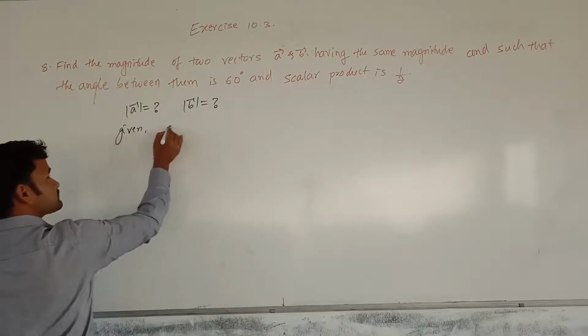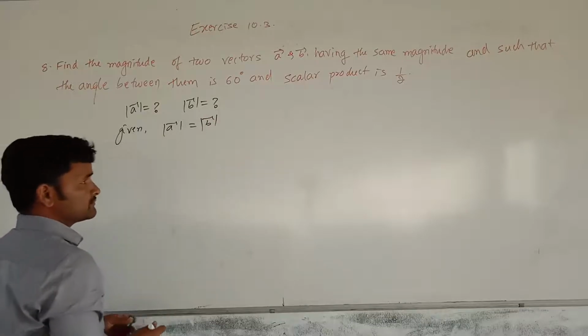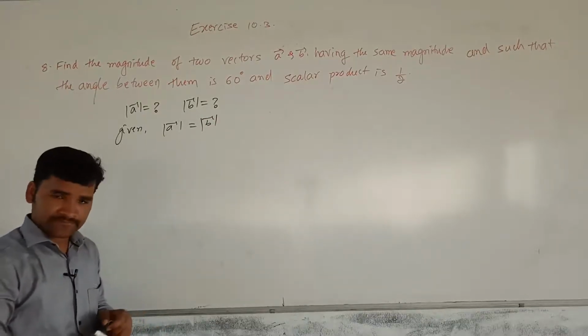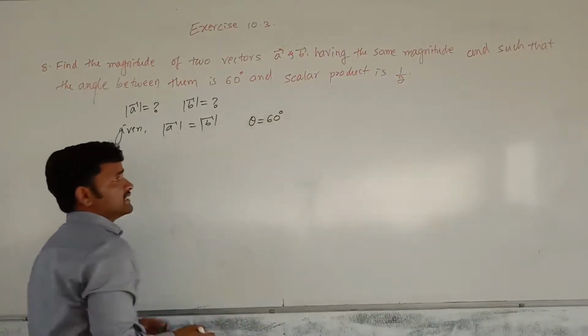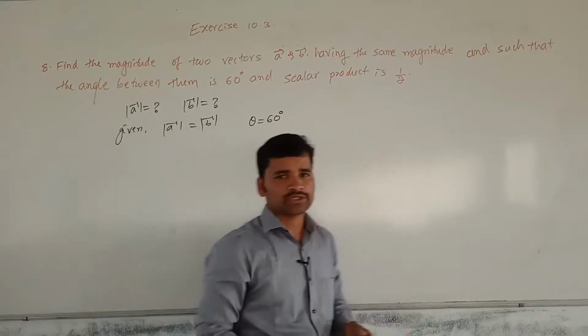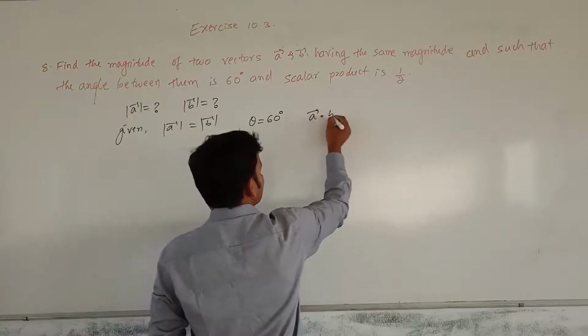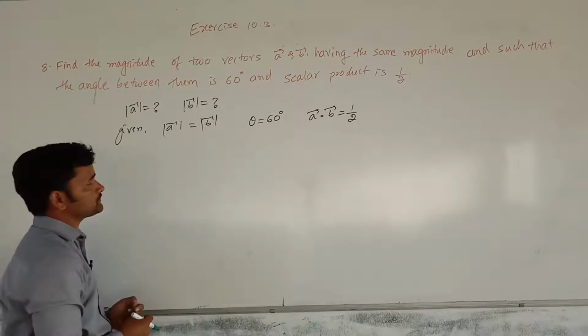It is given magnitude of A is equal to magnitude of B, such that angle between them, theta, is equal to 60 degree, and their scalar product and dot product both are same. Scalar product is 1 by 2. That means A dot B is 1 by 2.